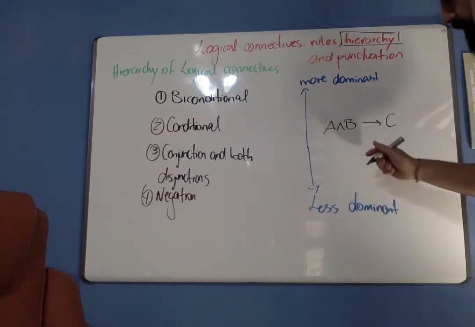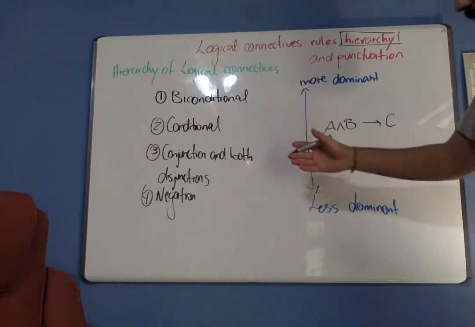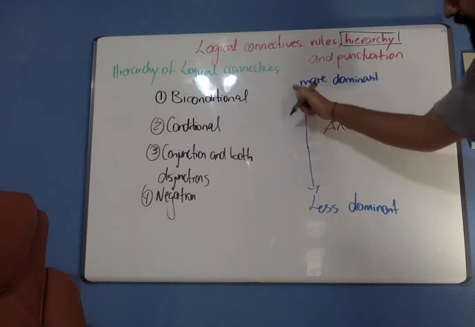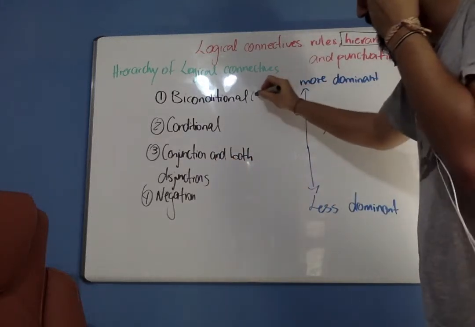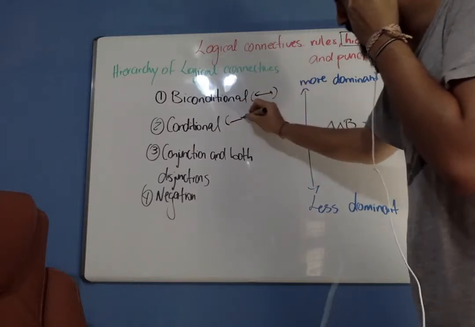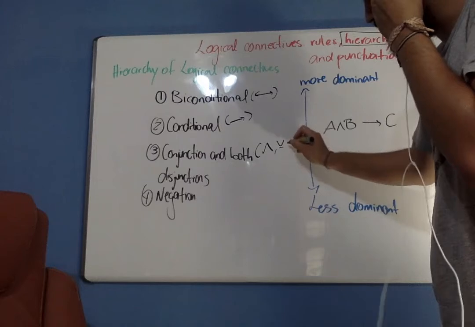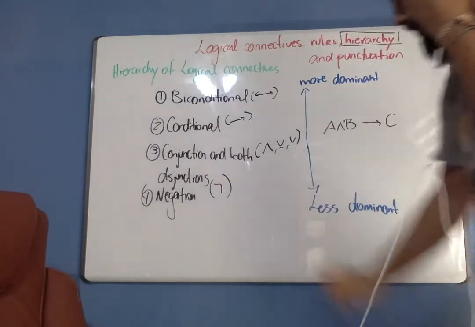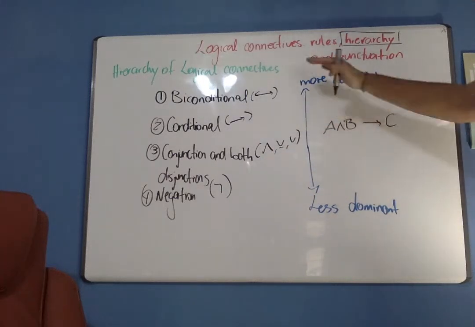If we take a look at the hierarchy or priority of the logical connectives, we can see that the conditional is more dominant than the conjunction, okay? I'm going to write the symbols here in order to be clear. The conjunction, the exclusive disjunction, the inclusive one, and finally the negation, okay? So as you can see, the conjunction is less dominant than the conditional.